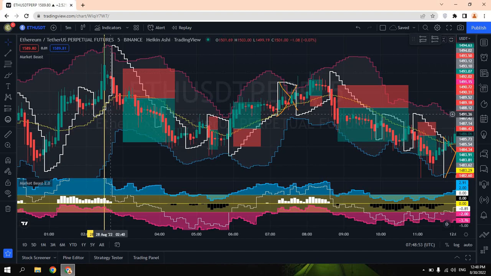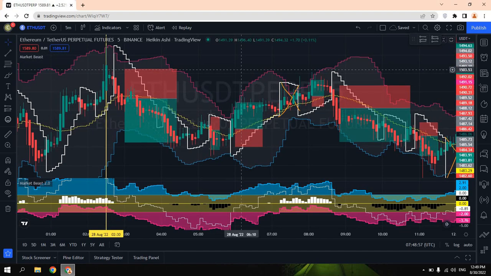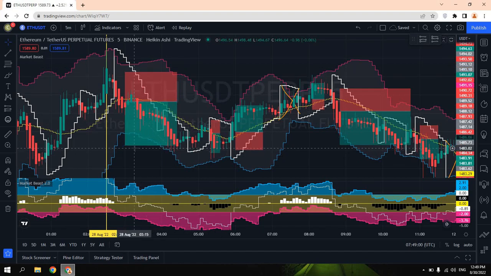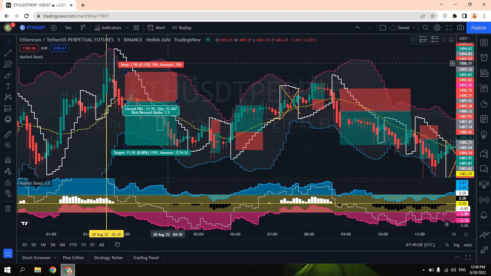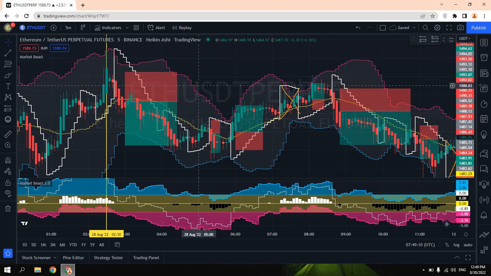Now let's see our upper indicator, which is our main indicator, Market Beast, in which we have a few lines. Let me show you what these lines mean. This pink area line means this is a resistance area from where price will dump.